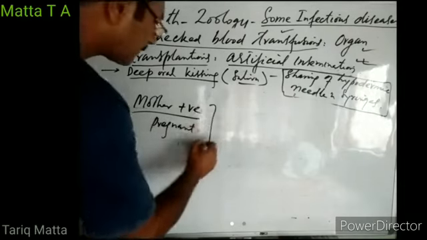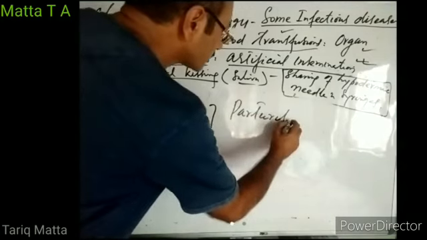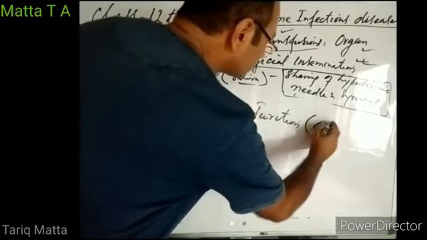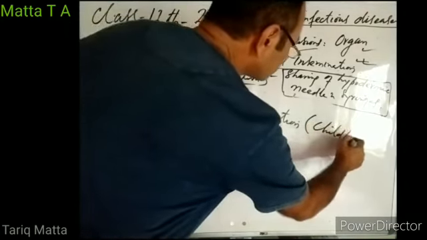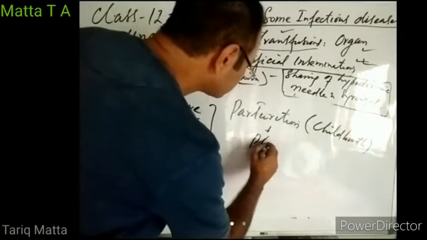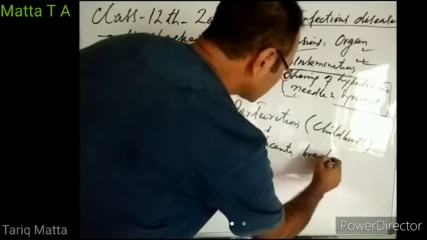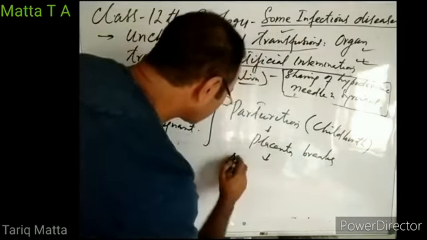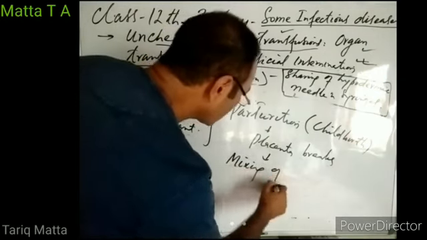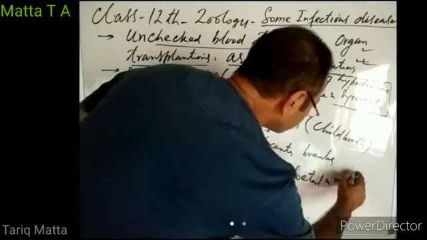But at the time of parturition, parturition means childbirth, when the placenta breaks, there is mixing of fetal and maternal blood.